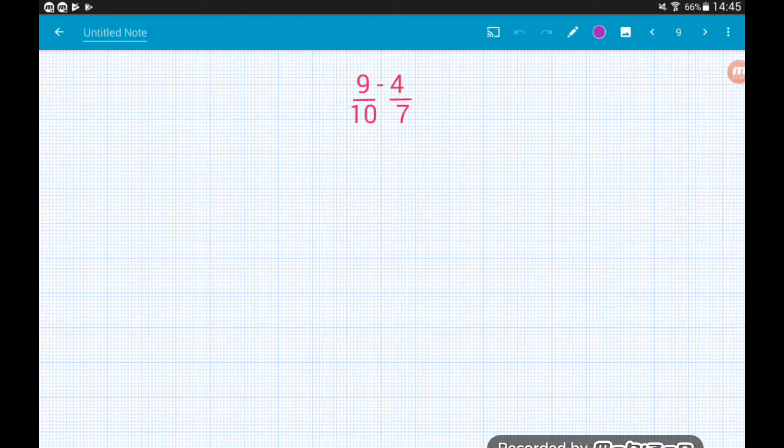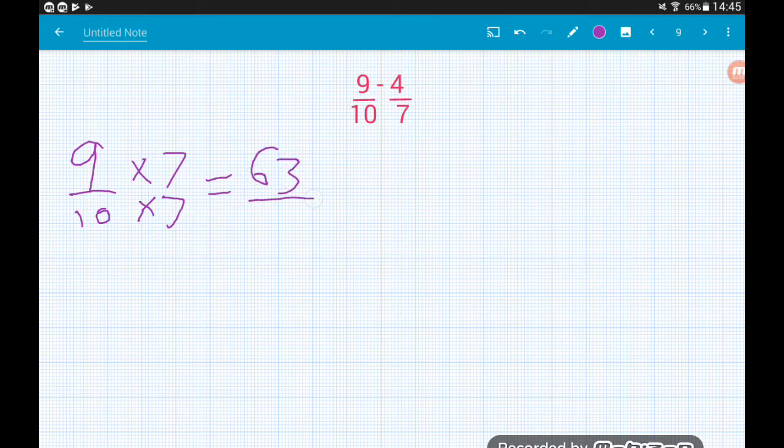Okay, the next one, 9 tenths minus 4 sevenths. So the lowest common multiple of 10 and 7 is 70. So we're going to need to multiply 9 tenths by 7s. Now 9 times 7 is going to give us 63. And 10 times 7 gives us 70.